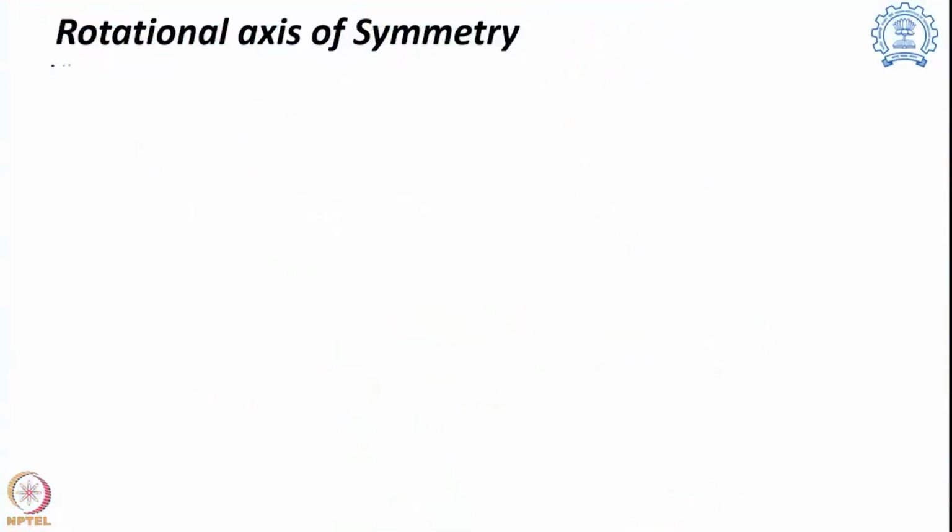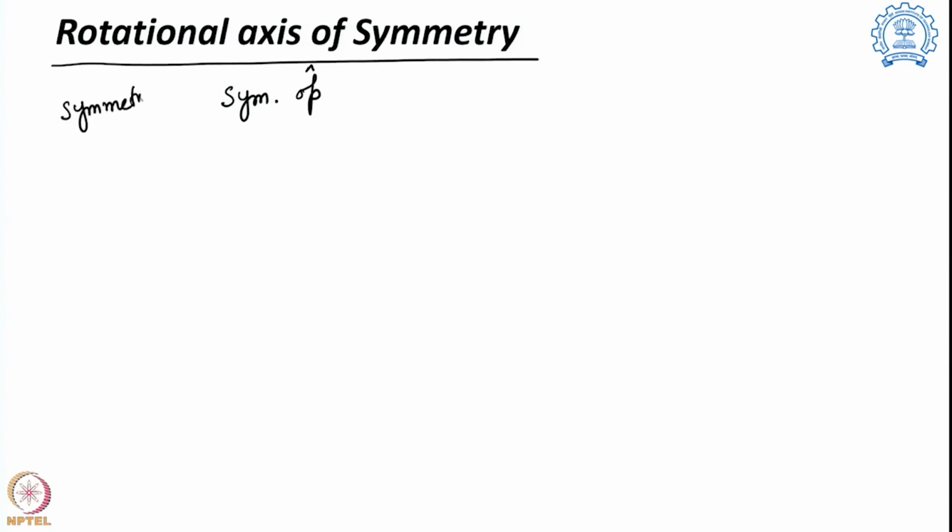With that, now we will go through the 5 very important symmetry operations and symmetry elements that exist in the literature. The first one is the rotational axis of symmetry. For this, the symmetry operation is rotation.